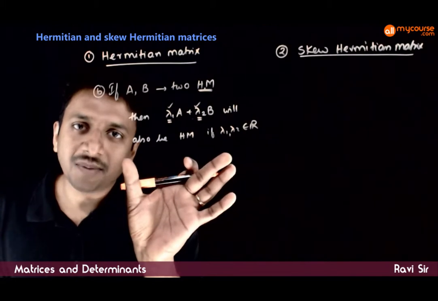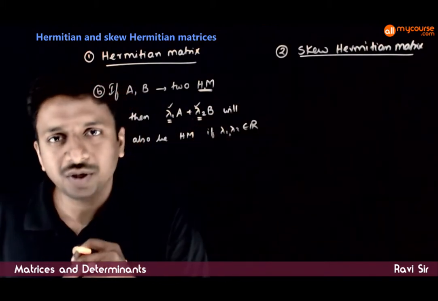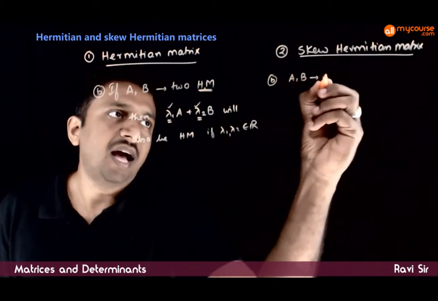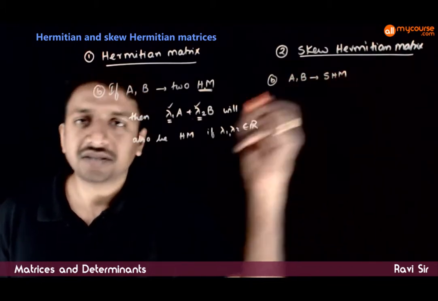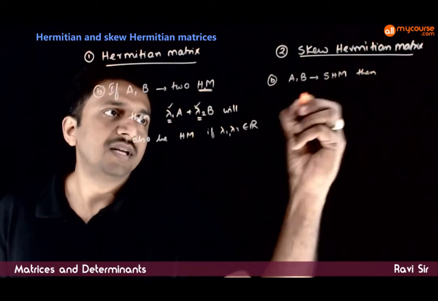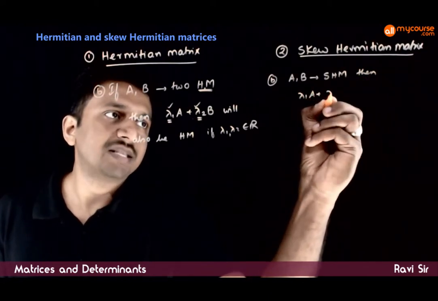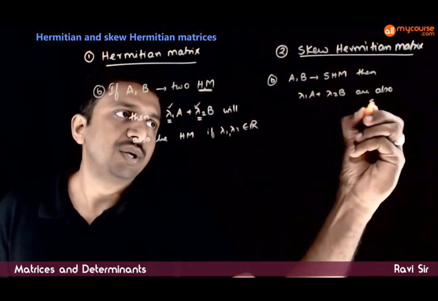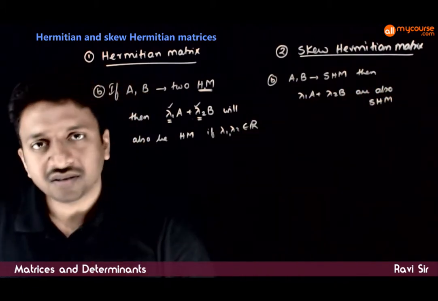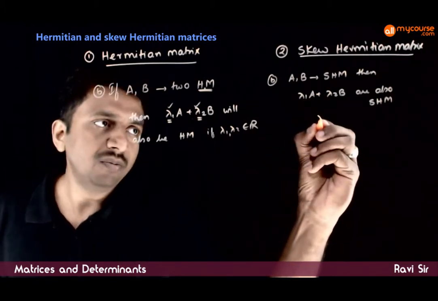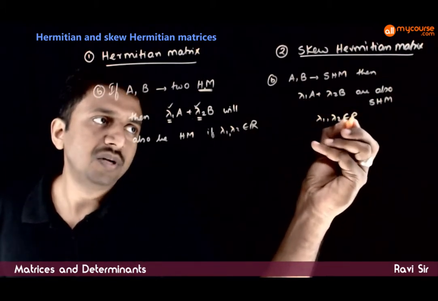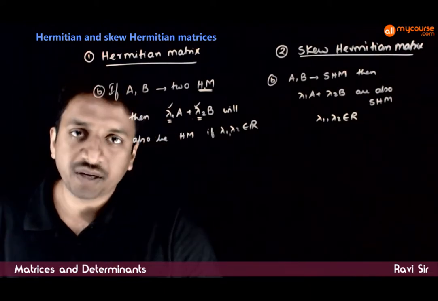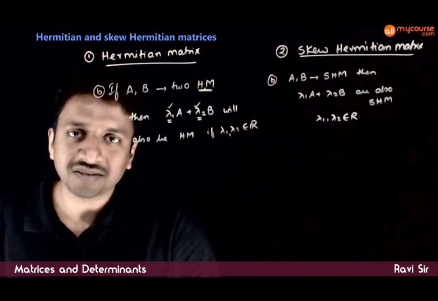And a similar property can be applied for skew Hermitian matrices also. That is, if A, B are skew Hermitian matrices, then lambda 1 times A plus lambda 2 times B are also skew Hermitian matrices for all lambda 1, lambda 2 belonging to real numbers. So this is the second property with respect to Hermitian and skew Hermitian matrices.